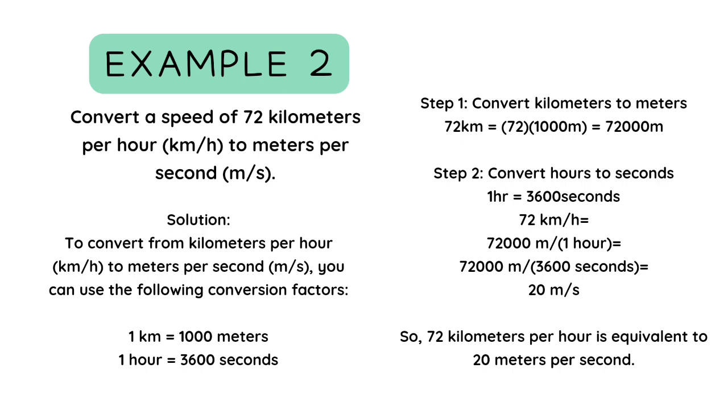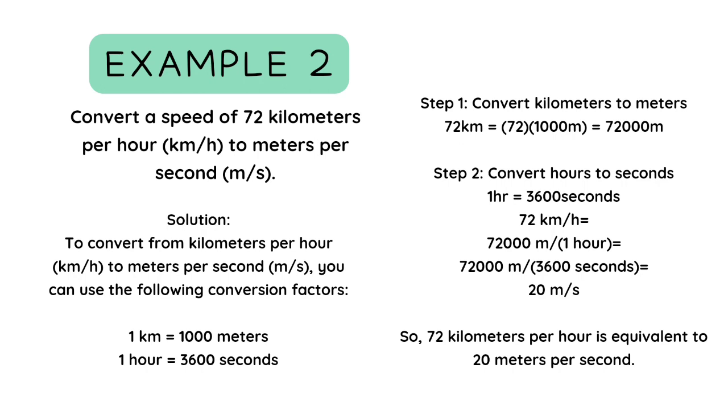Step 1. Convert kilometers to meters first. 72 kilometers is the given. So, 72 multiplied by 1000, since 1000 is the number of meters within a kilometer. So, 72 multiplied by 1000 is equal to 72,000. So, it is 72,000 meters.